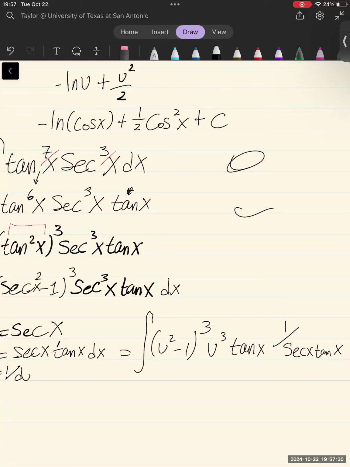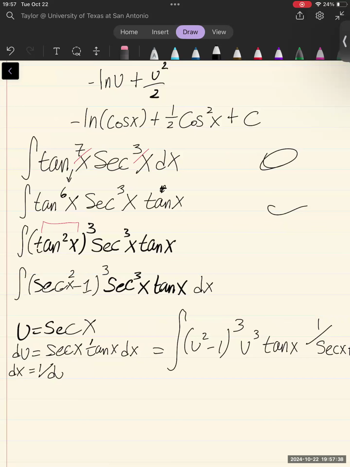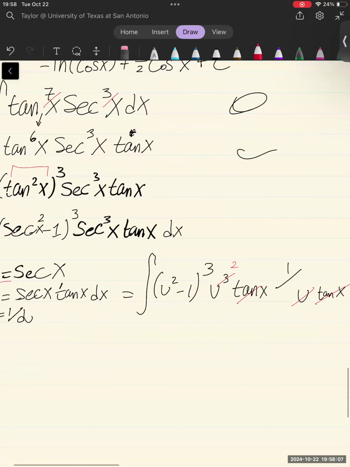You should pull out secant squared x times secant x, so we can have secant x tan x. So it would be du basically. But what did we let u be? Secant x. Right. So this differential term is actually technically written 1 over u, 1 over u tangent x. So this cancels, and this becomes 2.